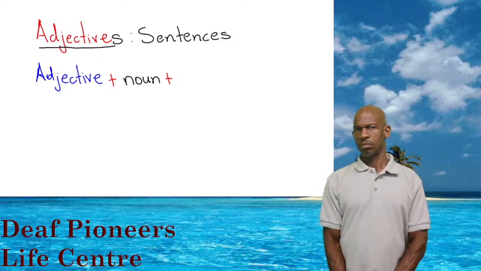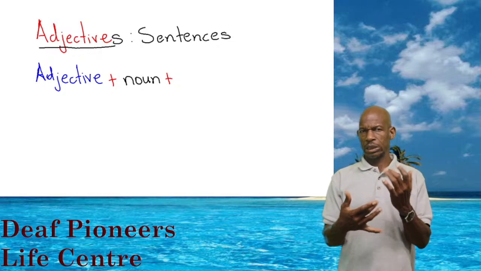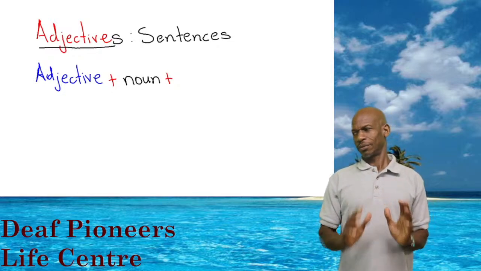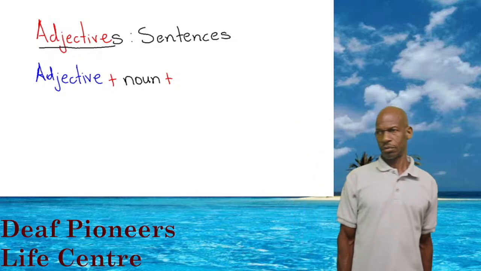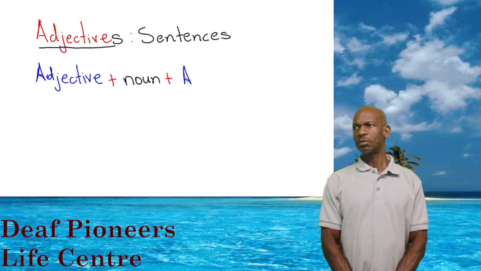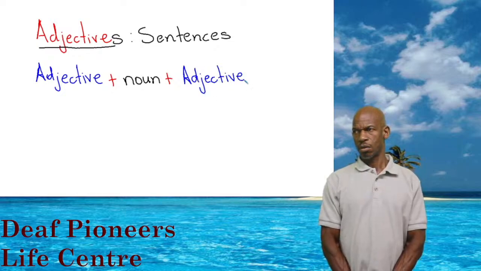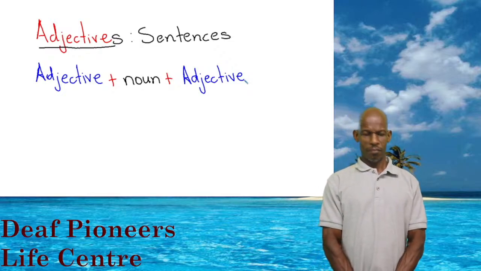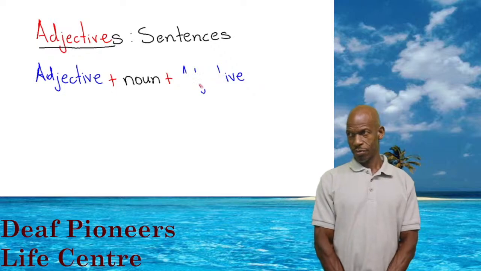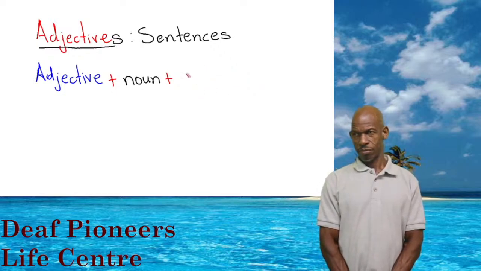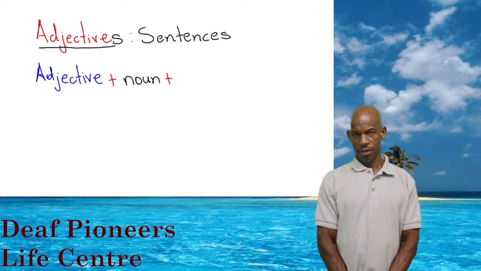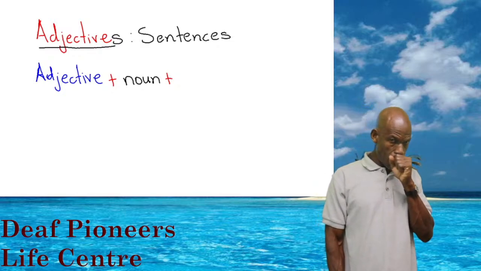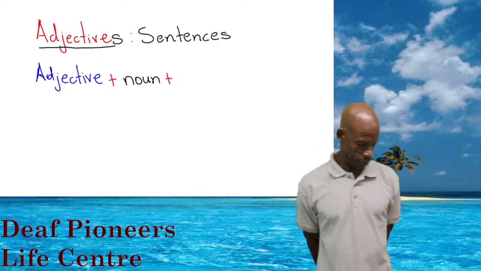And then I have another adjective. This is another type of simple sentence. And as I said before, sentences must have a verb.